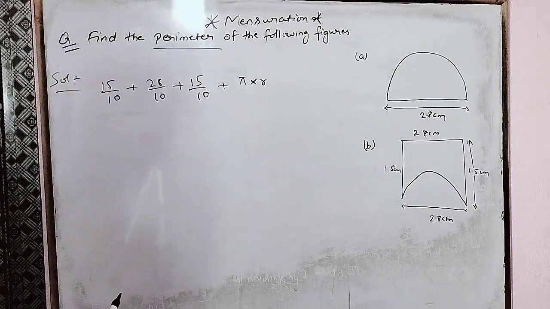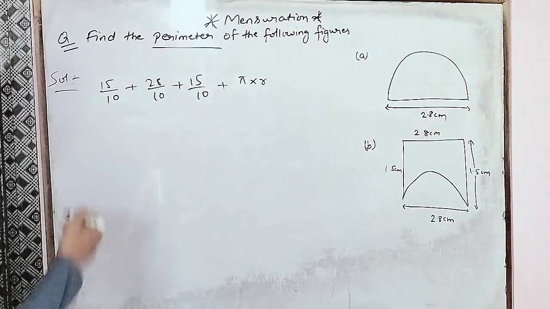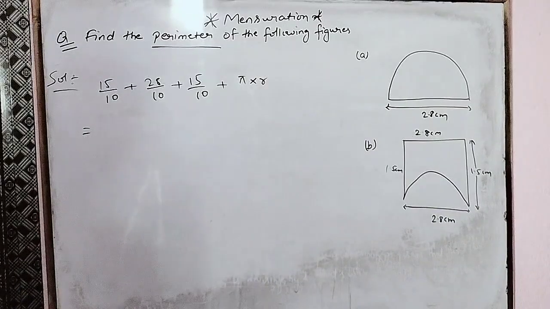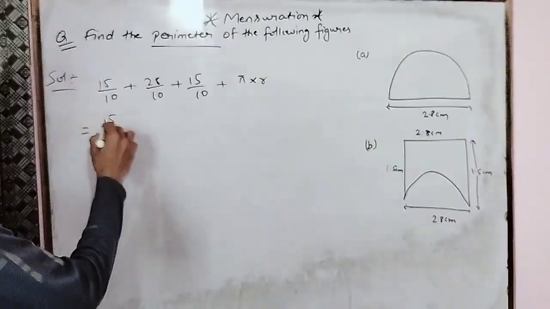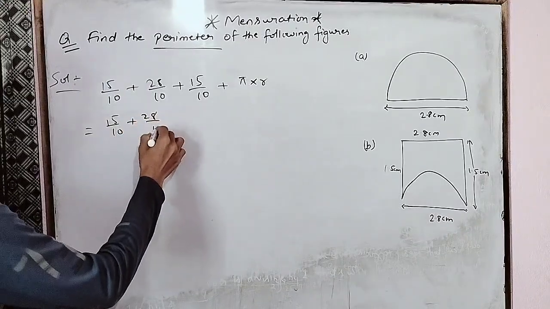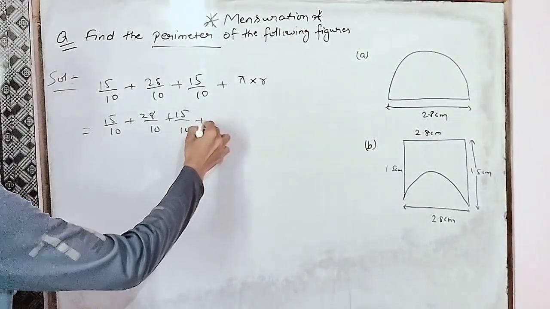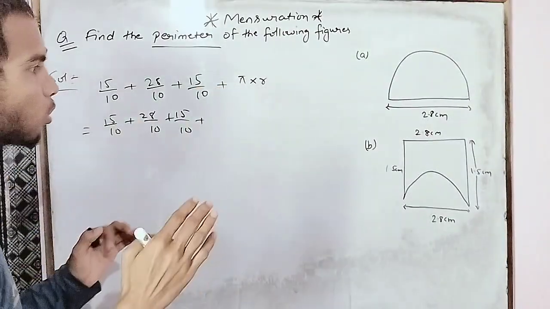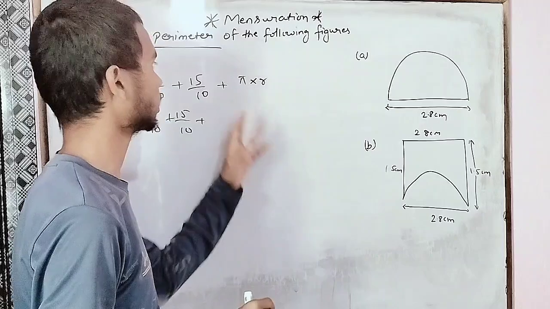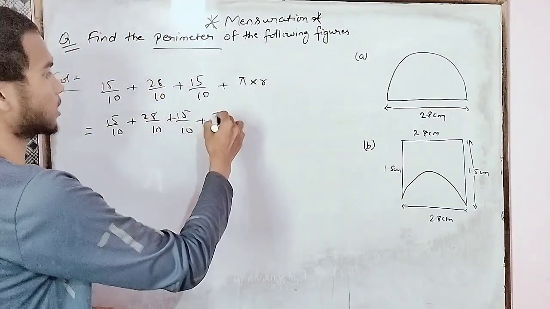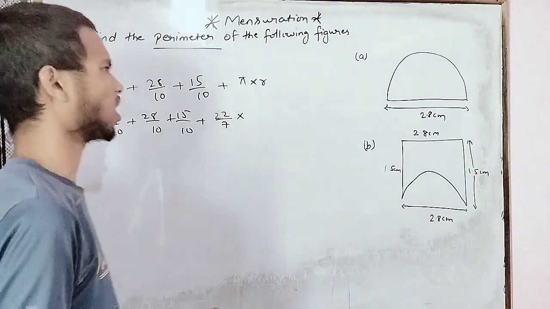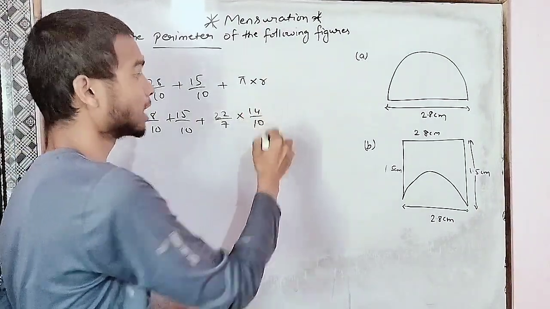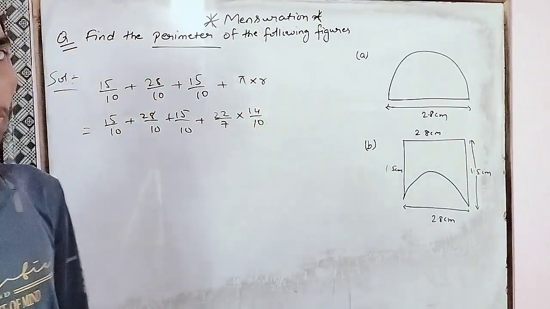Perimeter is how much? After simplifying it, we will get. As you can see, we have fractions to add: 15 by 10, 28 by 10, 15 by 10, because we are going to put the value of pi as 22 by 7 and r which is 14 by 10. 14 by 10 can be written as 1.4.